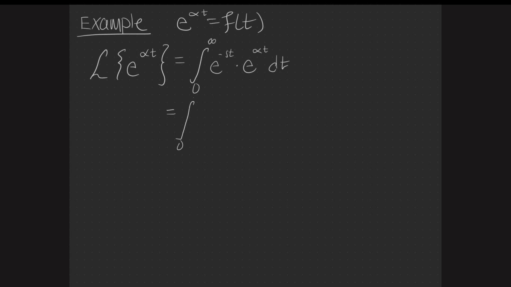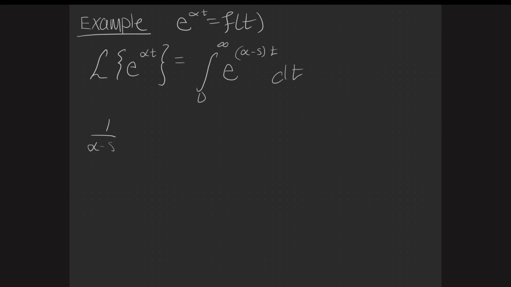From here, we could just rewrite this as an integral from 0 to infinity of e to the power of alpha t minus st dt, and that's just equal to the integral from 0 to infinity of e to the power of alpha minus s times t dt. From here we could see that our antiderivative is going to be 1 over alpha minus s times e to the alpha minus s t, evaluated at 0, and we have infinity up here.